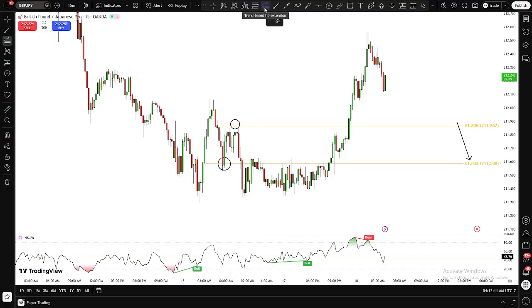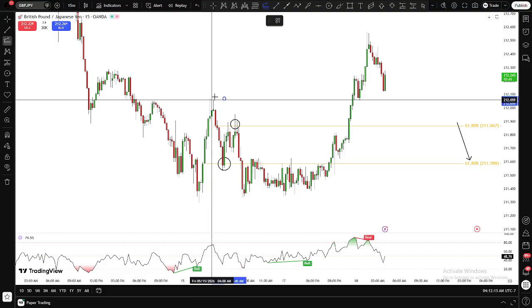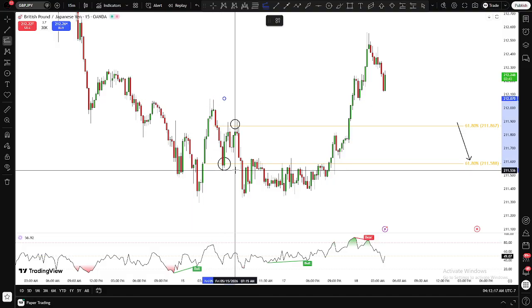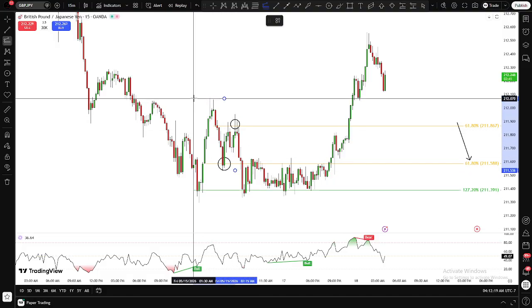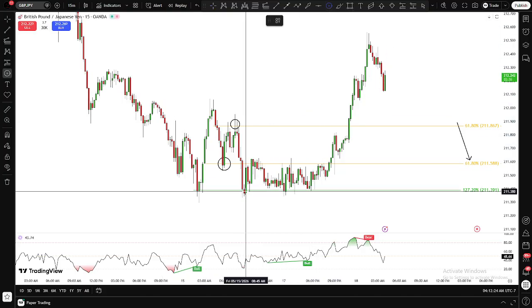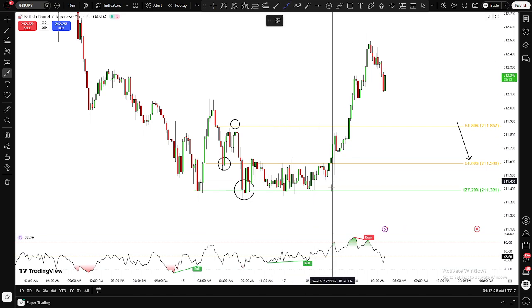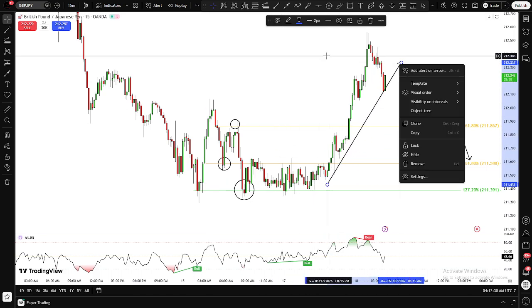So first thing we're going to do is go ahead and grab the Fibonacci extension tool, measure from A to B, and we're looking for the 127. Now, if you notice, we got that very cleanly, but I don't want you guys to get too excited yet because, of course, you see that this is a reacting winner because we're not done.